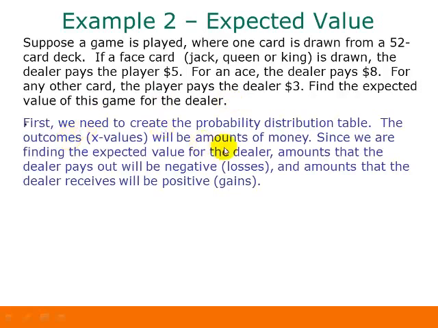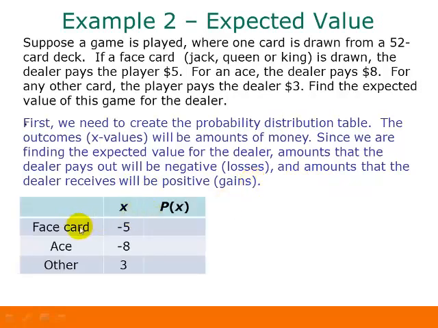So again, we need to create our probability distribution table first. The outcomes, or the x values, will be amounts of money, and since we are finding the expected value for the dealer, the amounts that the dealer pays out will be negative numbers because they're losses, and the amounts that the dealer receives will be positive numbers because they're gains.